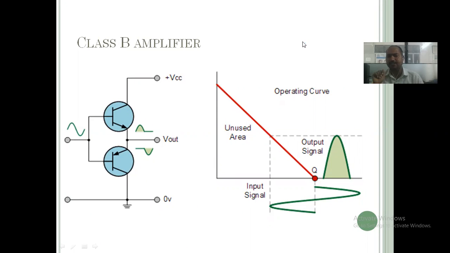This is mainly the disadvantage of the class A amplifier, so it has less efficiency. As a solution, we design another type of amplifier, that is the class B type. In earlier cases, we saw that only one transistor is used, and that transistor works for the full 360-degree cycle, so there is a burden on that transistor in class A configuration.